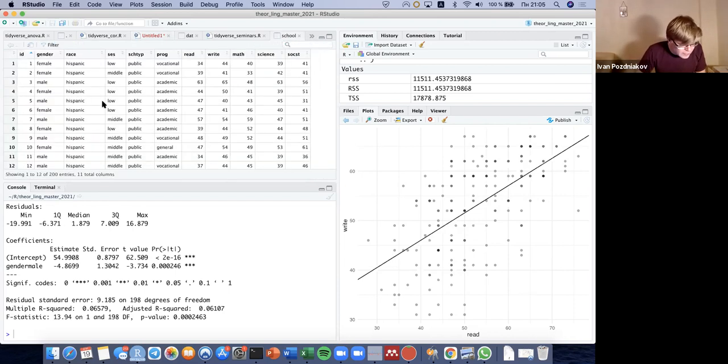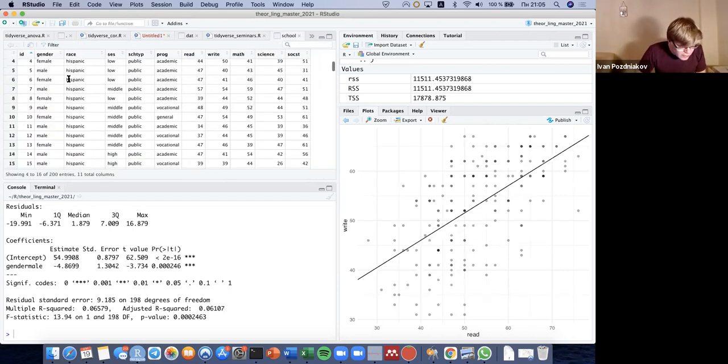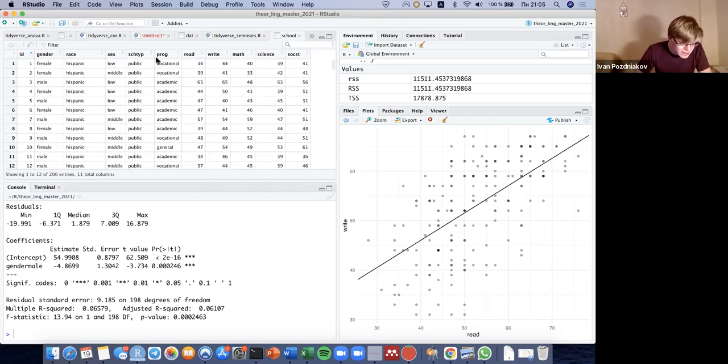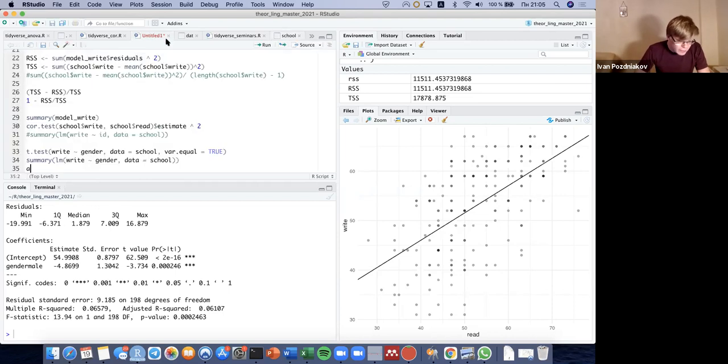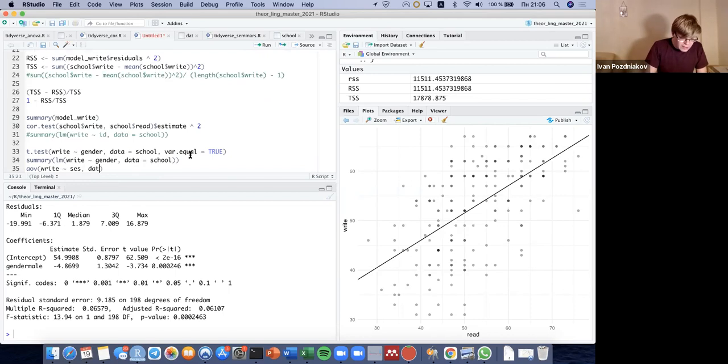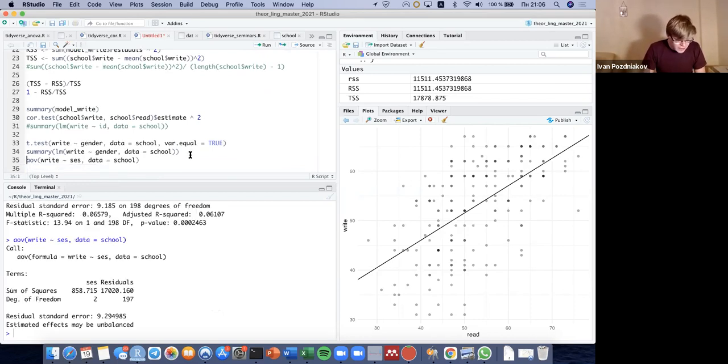We used, for example, low, middle, high, like SES, for example, or race. We used aov, and then a formula, something like score by SES, and you get some results, right?